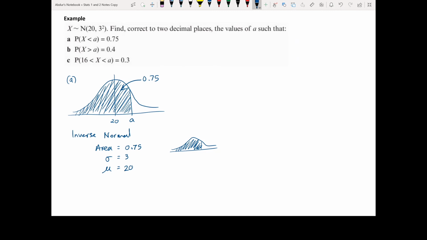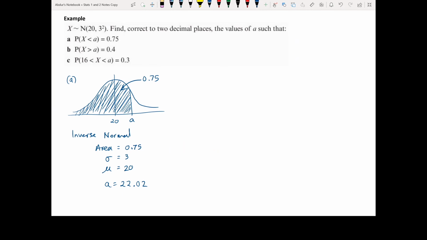So putting in these values in our calculator will then give us an answer of 22.02 here. So this is giving us the value of a here. This is the output. a is equal to 22.02 to 2 decimal places.